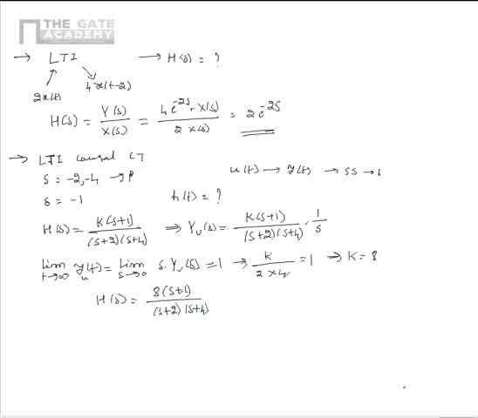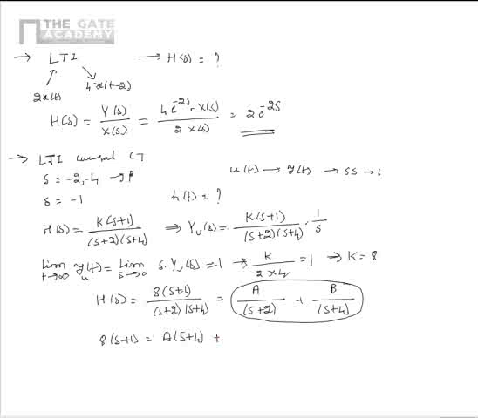Upon splitting the same into partial fractions, we get that h of s is equal to a by s plus 2 plus b by s plus 4. So from this, upon simplifying the right hand side term and equating the numerators, we get that 8 into s plus 1 is equal to a into s plus 4 plus b into s plus 2.